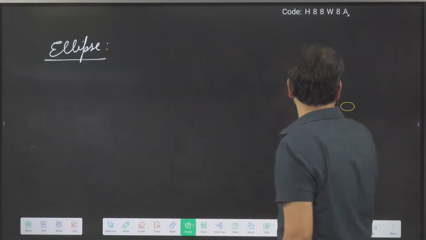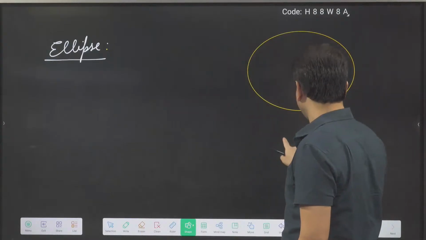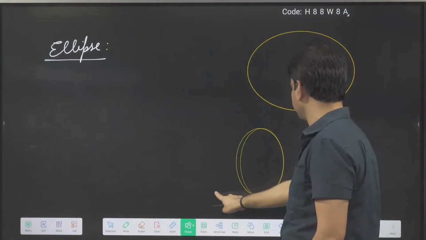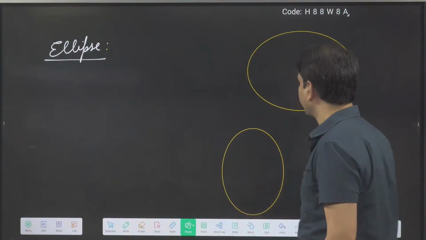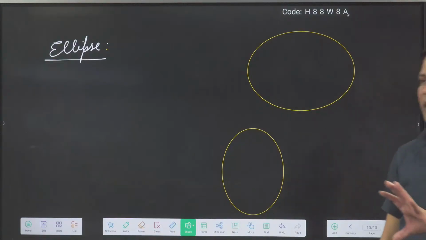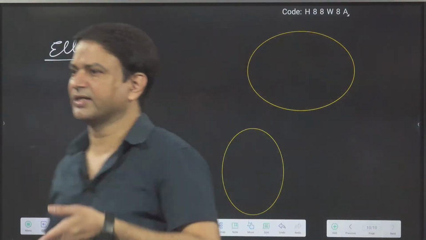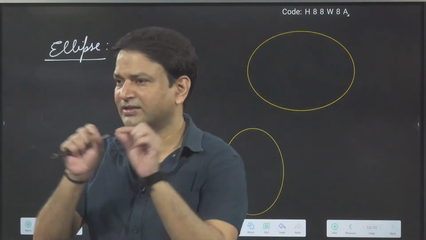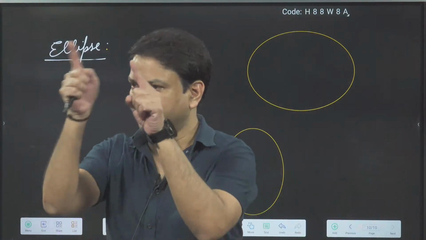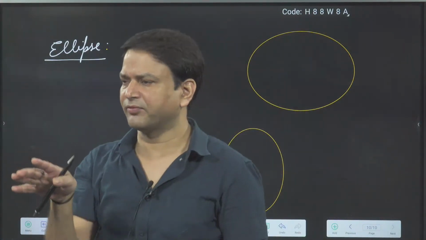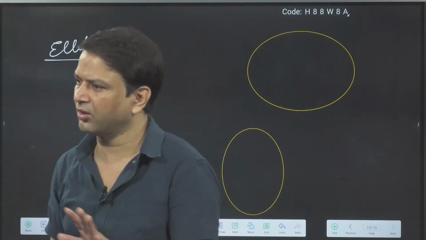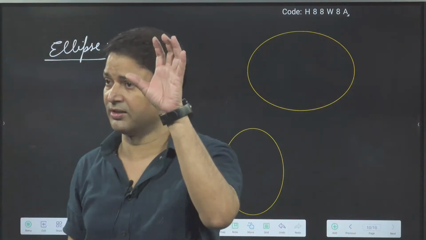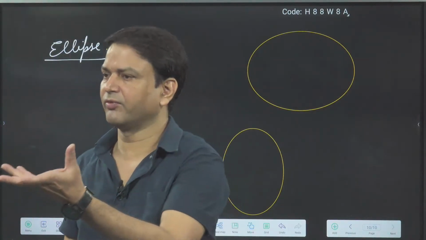What is the shape? Like this, or maybe like this. Ellipse means the lengths along the x-axis and y-axis are different. Like a circle, whichever diameter you take, all diameters are equal, but in the ellipse it will not be so.